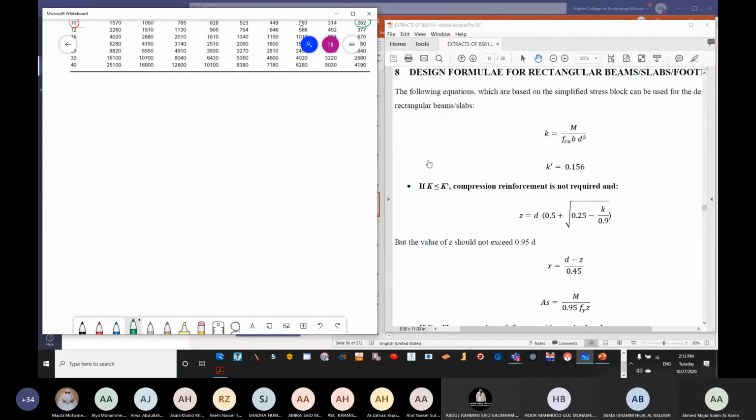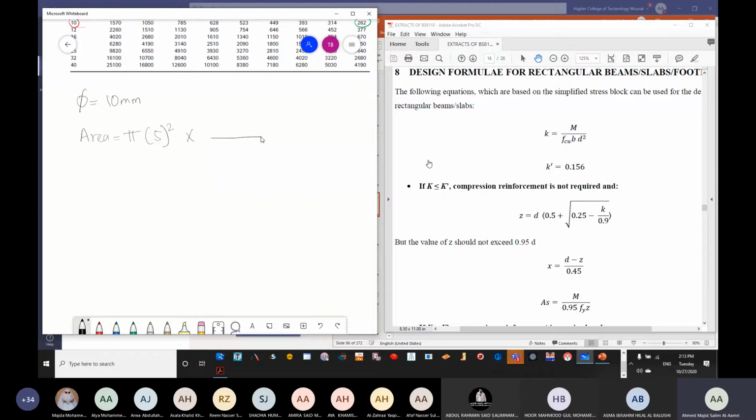Now if we have a bar diameter of 10 millimeter, then the area of one bar is pi r square, so pi 5 square. That's the area of one bar.